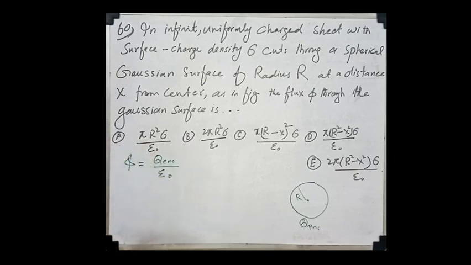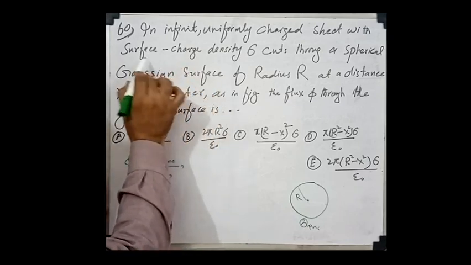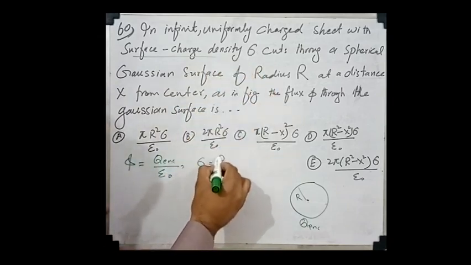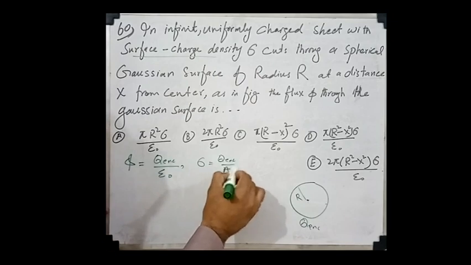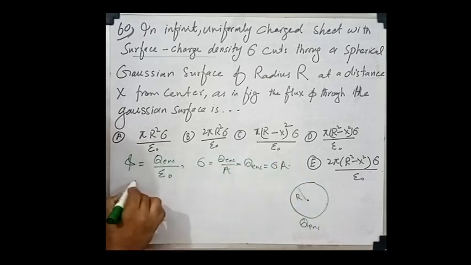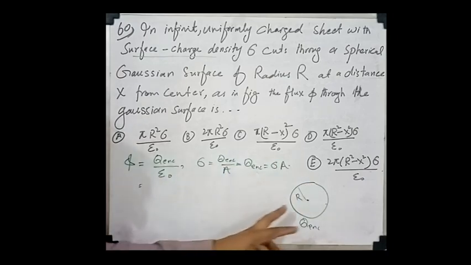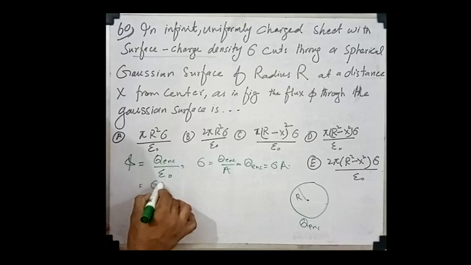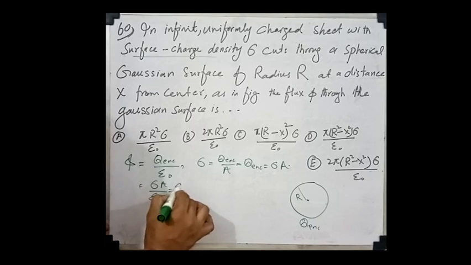Now the charge enclosed, according to the surface charge density, sigma equals q enclosed divided by area, which implies that the charge enclosed equals sigma A. So the flux through the Gaussian surface of radius r is sigma A divided by epsilon naught, which we can write as sigma pi r square over epsilon naught.